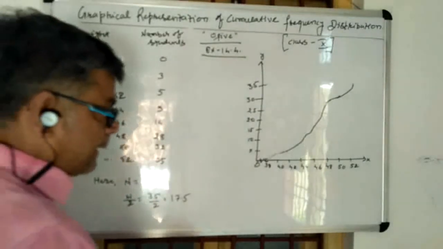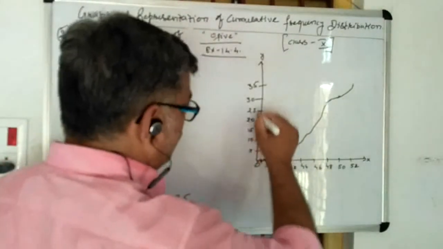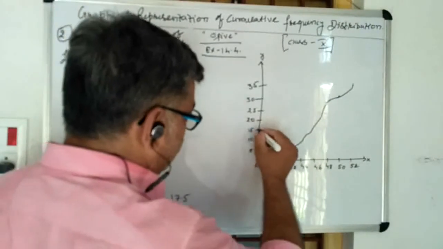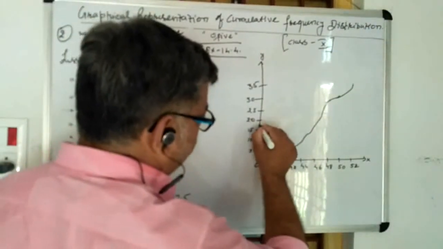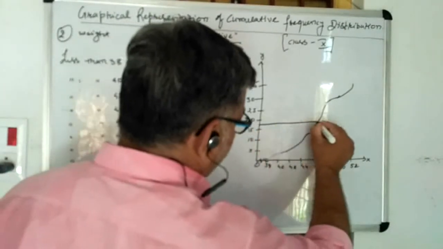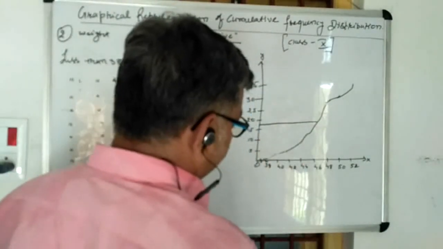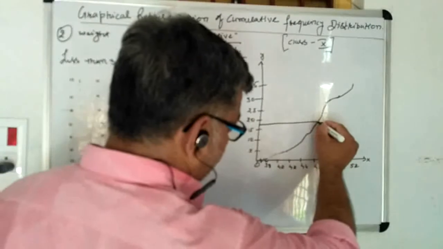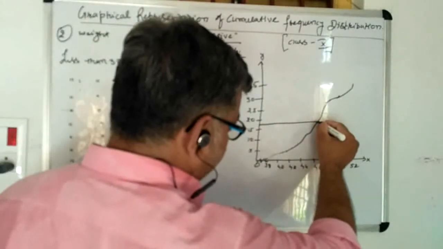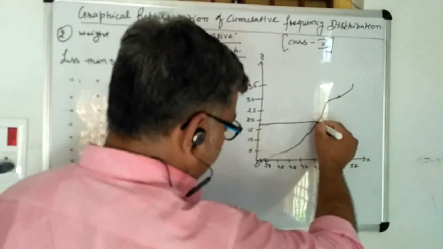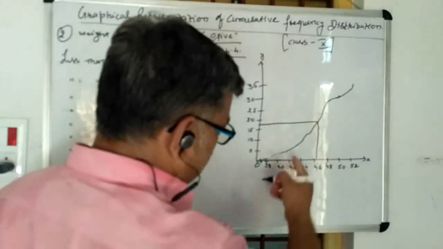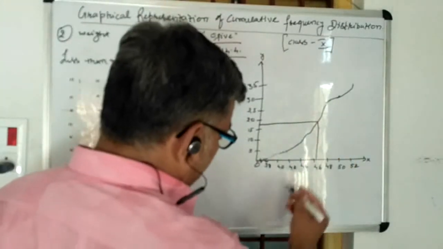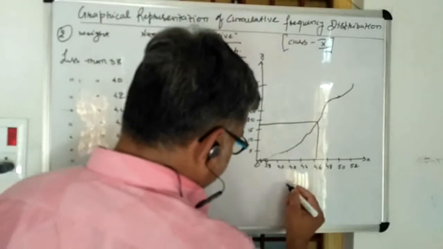Now take 17.5 on the y-axis. It is after 15, and suppose this is 17.5. Draw a line parallel to the x-axis, and suppose it intersects the curve here. From here, draw a line parallel to the y-axis. So I think it is approximately 46.